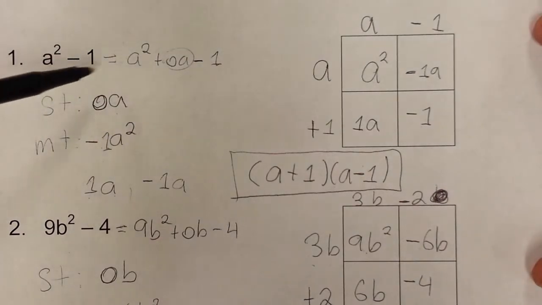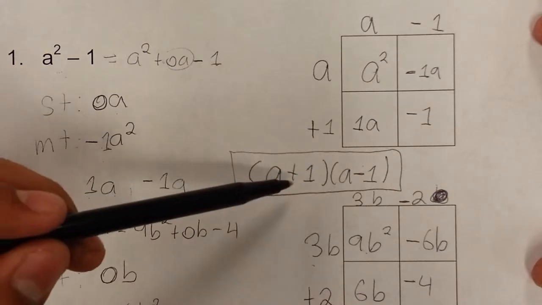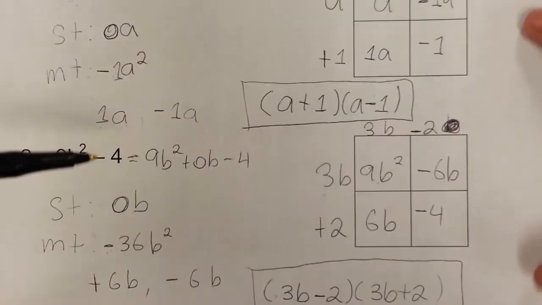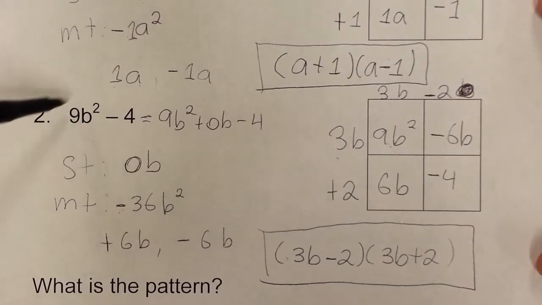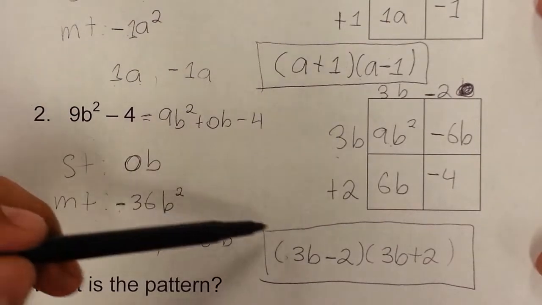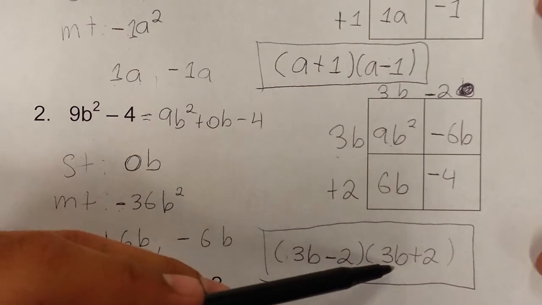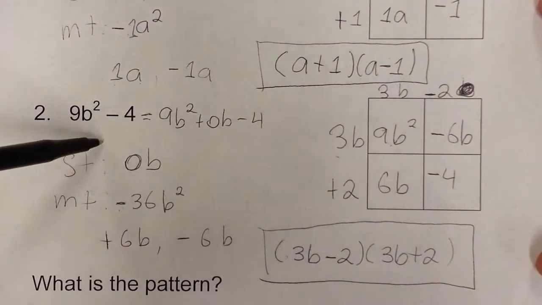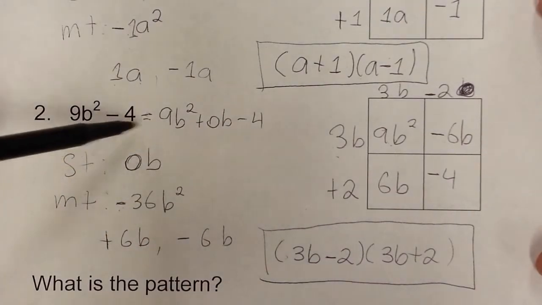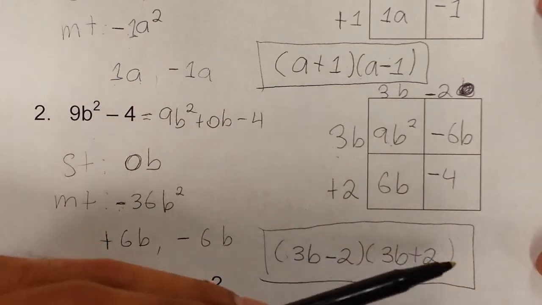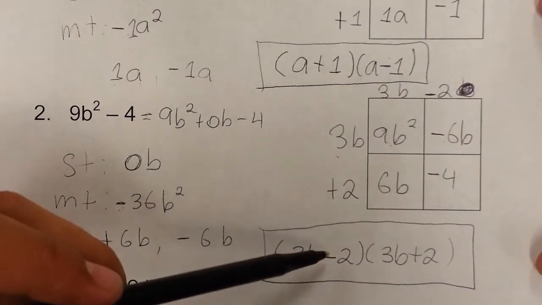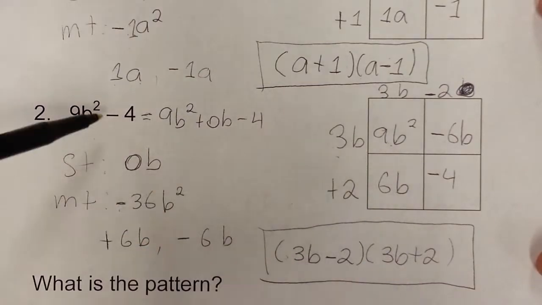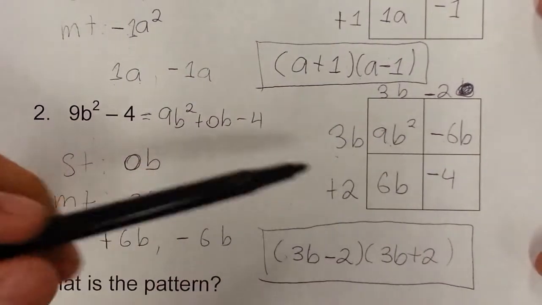We've got a squared minus 1 factor into a plus 1 times a minus 1. Notice here, the square root of 9b squared could be thought of as 3b and 3b. So 3b times 3b gives me 9b squared. The square root of 4 could be worked as 2 and 2. I've got a negative 2 and a positive 2 in order to get my negative 4. And notice the middle terms cancel out again.